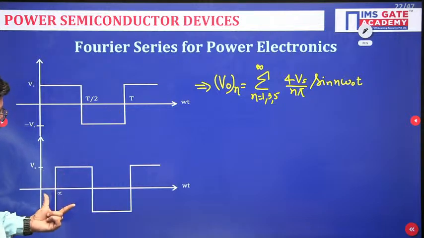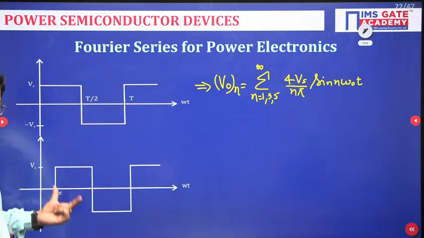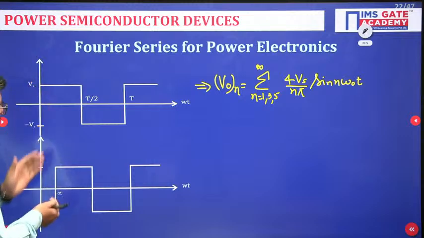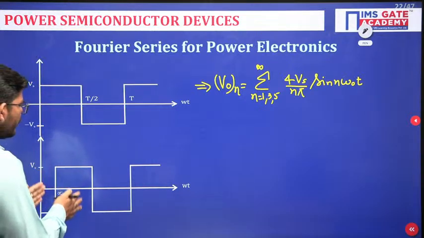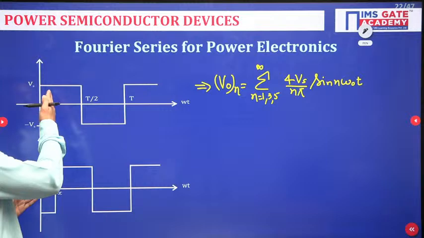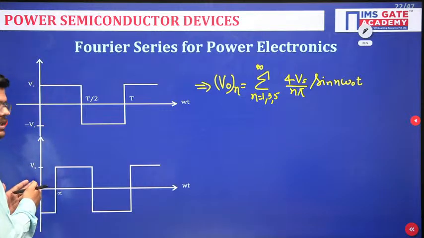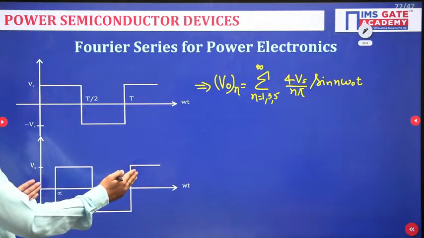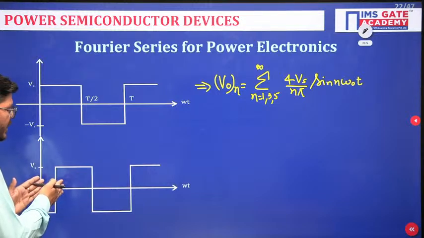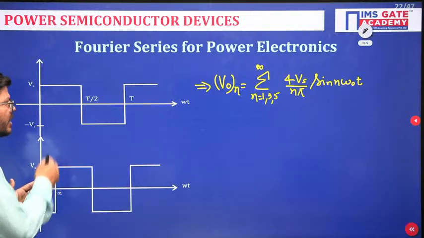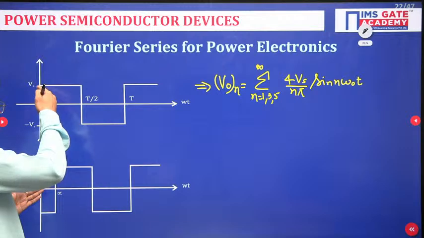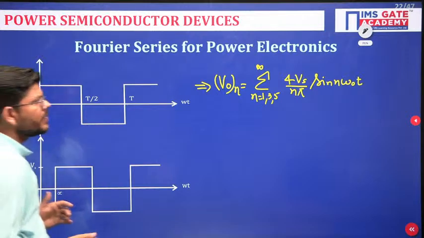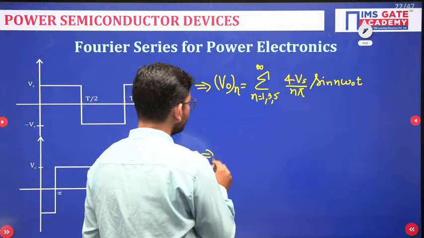Now just look into this case. Sometimes you may get this case as well. When you compare, you are writing the Fourier series for this case. What you have done is shifted this case towards the right side. So if we have to write the Fourier series for this, it is the same as before, just by shifting the expression. So what will be the Fourier series here?